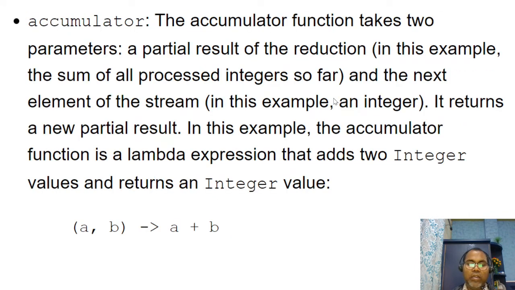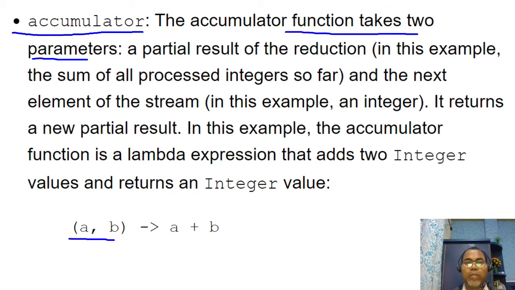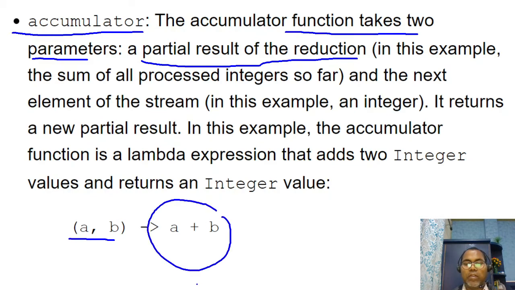Similarly, reduce takes an accumulator. The accumulator is a function that takes two parameters, the partial result of the reduction and the next element. Here you apply the plus operator and return the value. This is known as the accumulator function.